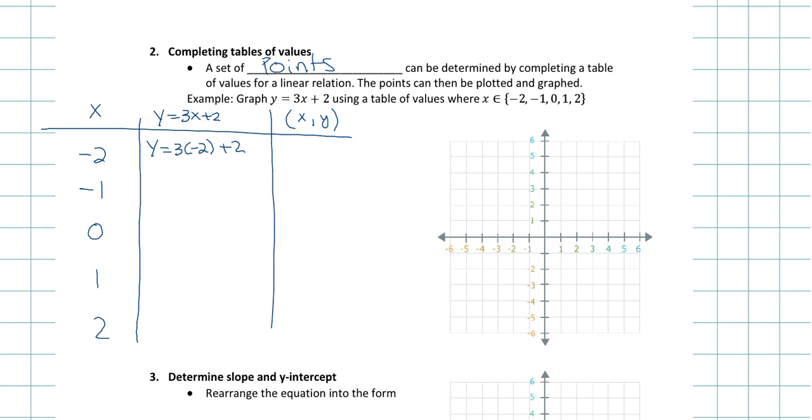So what's 3 times -2, plus 2? -4. So my point is what? What's the x value? -2. And the y value is -4. Okay? So what I did is I took the x value and I replaced the x with that one value.